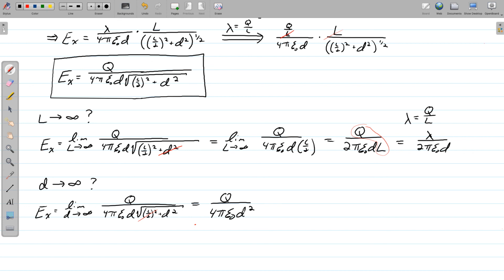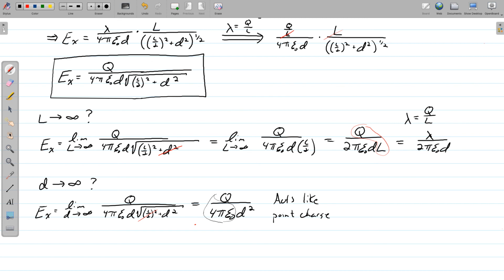Remember, this is Coulomb's constant right here, times the charge over the distance away squared. So the wire itself will act like a point charge. It won't act like a wire at all. And that makes sense because the length is nowhere involved here.